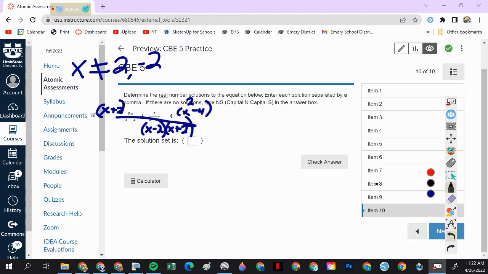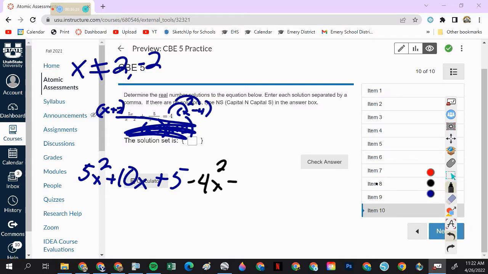Now I can delete the denominators. And I get 5x squared plus 10x plus 5. And then over here I have 4x squared minus 4, so I'll subtract those. So negative 4x squared plus 16 equals 0. And that gives me x squared plus 10x plus 21.